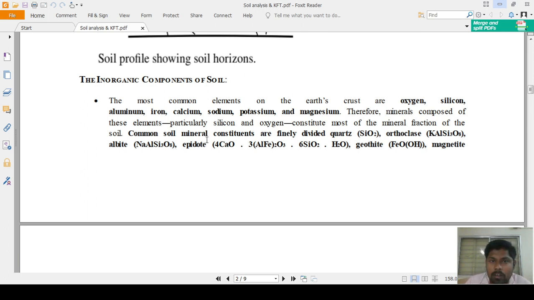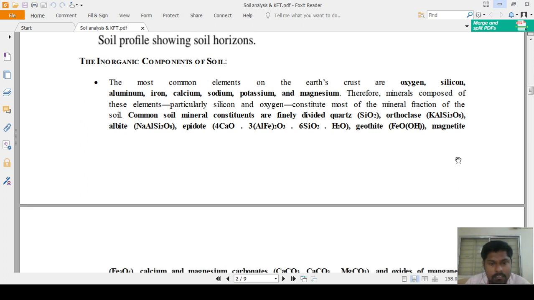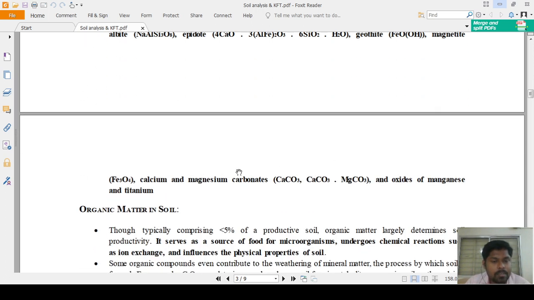The common soil minerals consist of finely divided quartz, that is SiO2 silica, then orthoclase, albite, epidote and goethite, magnetite, calcium and magnesium carbonates and oxides of manganese and titanium.